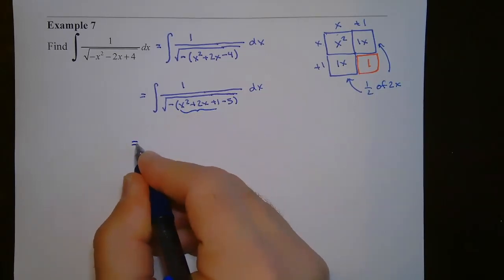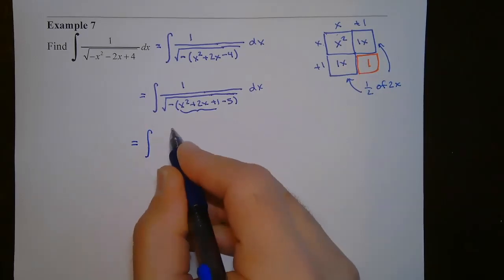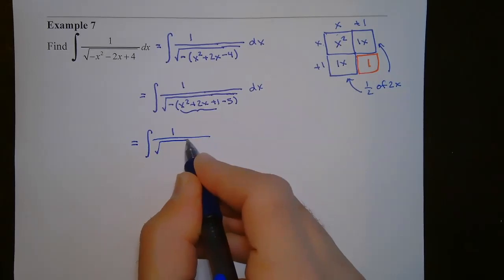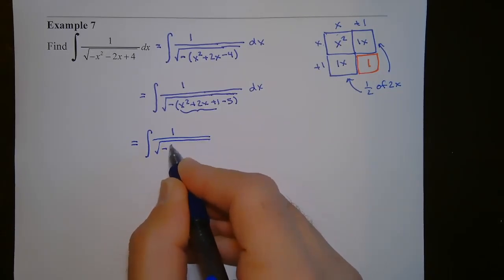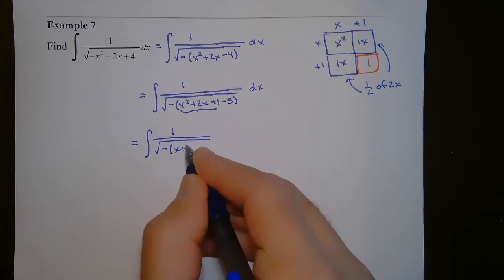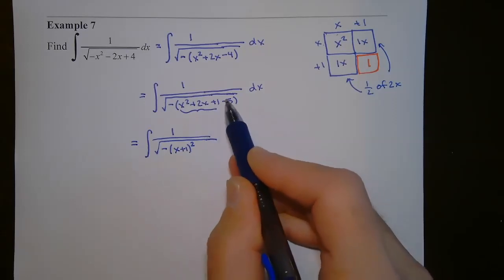So this is equivalent to the integral of 1 over the square root of negative parenthesis, and this would be x plus 1 squared, okay? And then this -5, right?